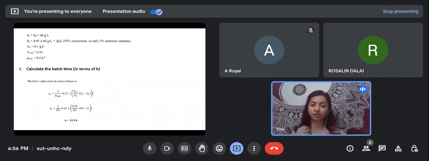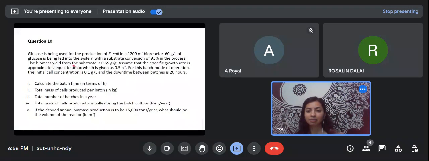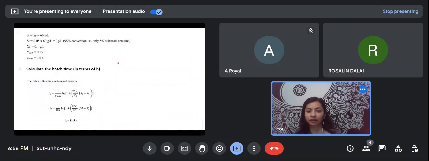So this has a formula that you would have been taught. t_B is the batch time, equal to 1 by mu max, which is the maximum specific growth rate, times ln of 1 plus Y_X/S, where Y_X/S is the biomass yield from the substrate, by X naught, which is the initial biomass, multiplied by S_0, the amount of substrate initially, minus S_S, the final substrate.